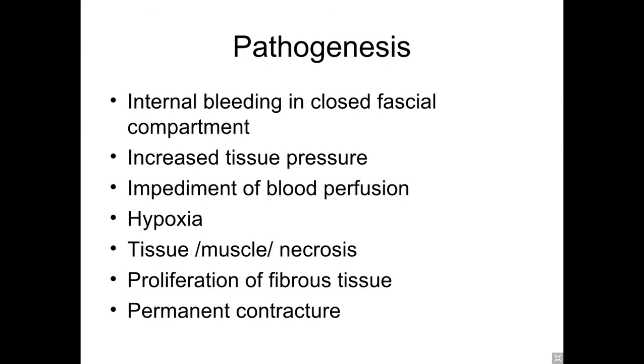Compartment syndrome could be seen in limbs after trauma, and this is because of internal bleeding, sometimes with fracture, sometimes without fracture, but in any case there is a vascular laceration and internal bleeding. This internal bleeding, when located in the closed fascial compartment, will increase the tissue pressure.